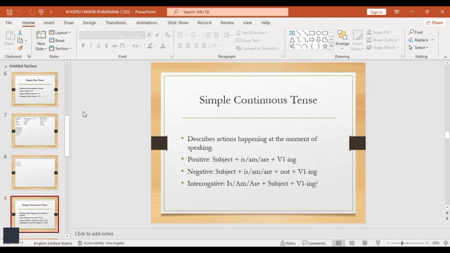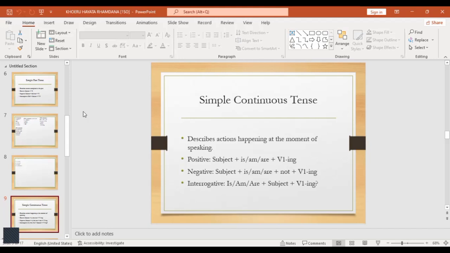In the positive sentence, I am studying English now. I am is the form of to be used with the subject I, and study is the verb with -ing added.